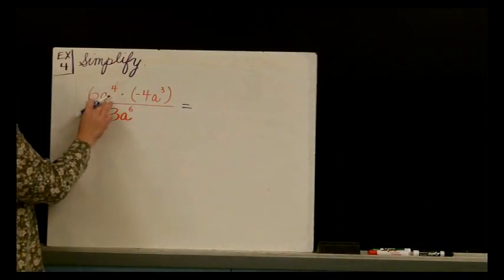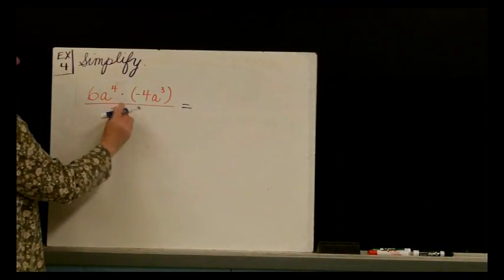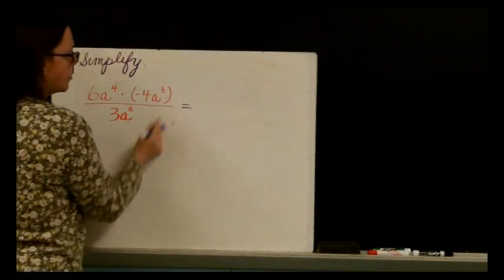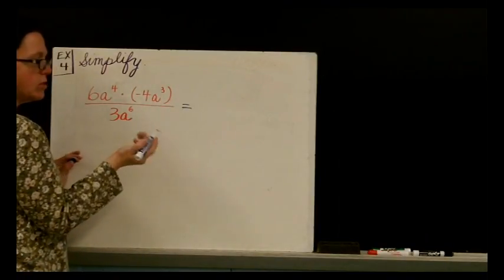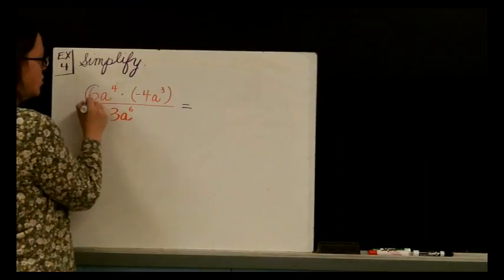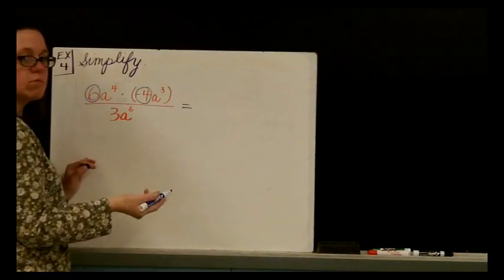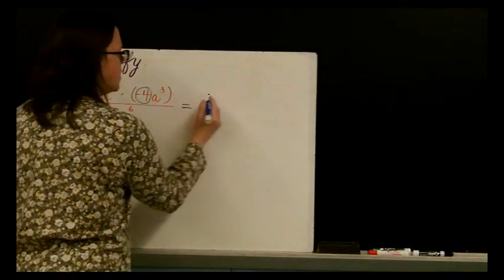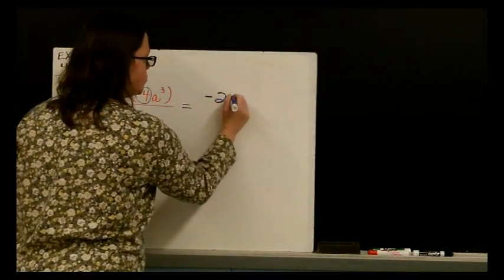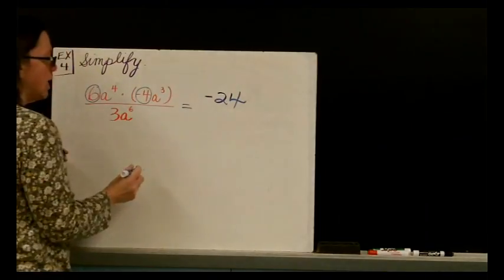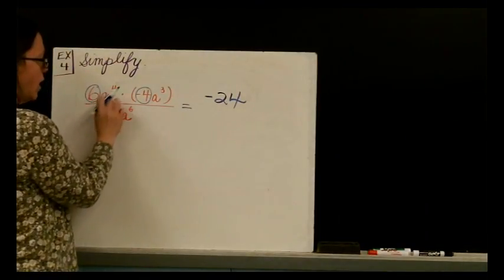We have 6a to the 4th power times a negative 4a to the 3rd power. So just as we did before, we are going to take our coefficients, our 6 and our negative 4, and we're going to multiply those first. 6 times negative 4 gives us negative 24. Now we have to multiply our powers.